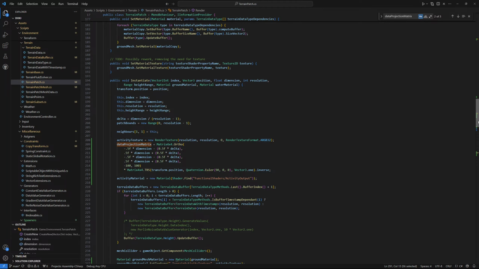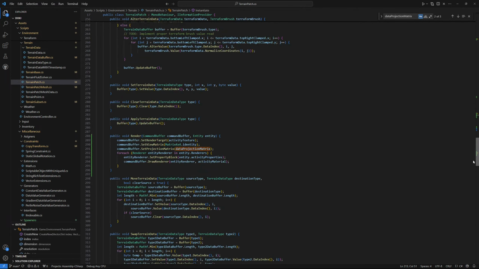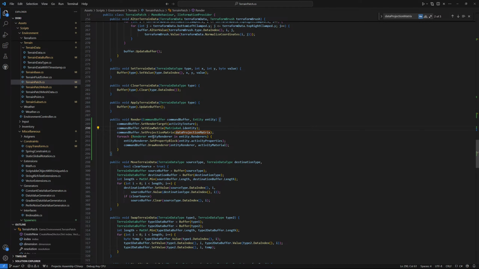Yeah, MVP, so we transform it, draw renderer.